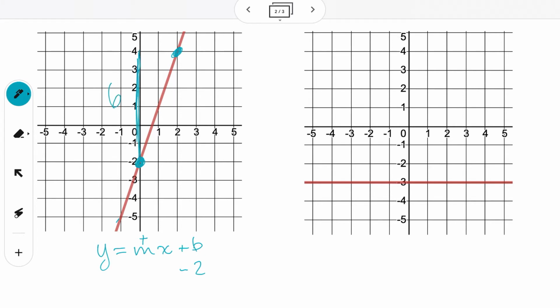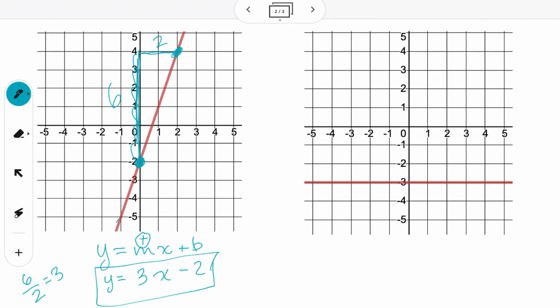That's 6, right? This is 1, 2, 3, 4, 5, 6 units long. And my run is 2, so my rise over run is 6 over 2. Now I can simplify that. 6 divided by 2 is 3. So then my slope is 3, and I already knew it was positive 3. So that step is done. And there's my equation, y equals 3x minus 2.